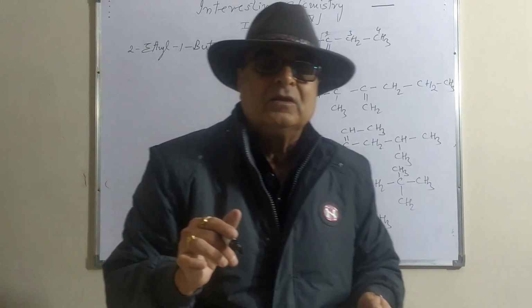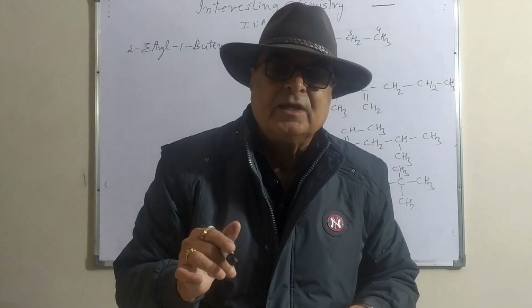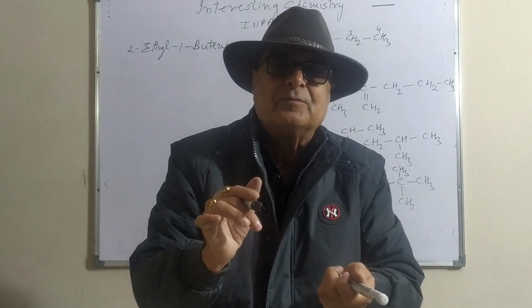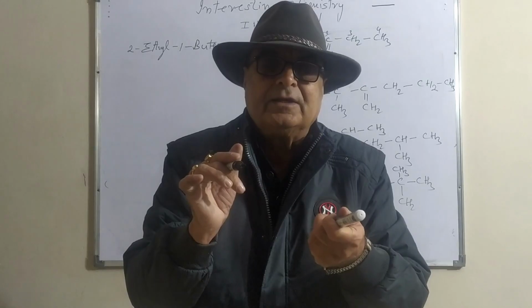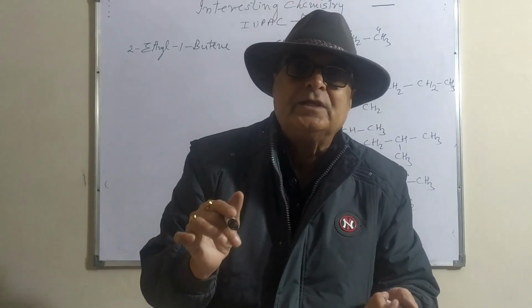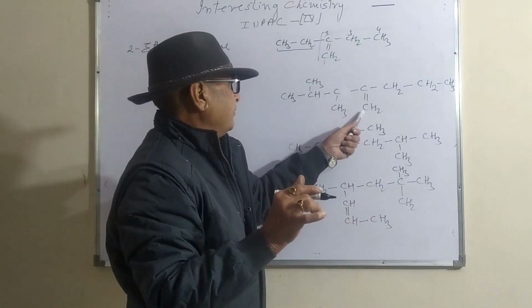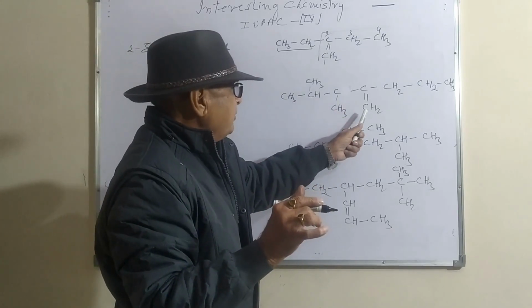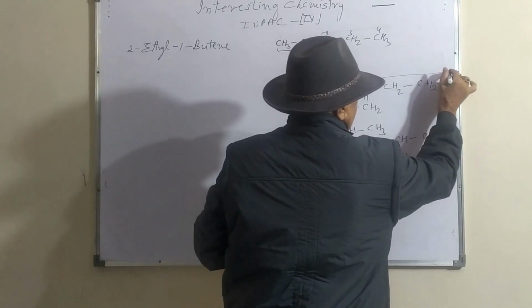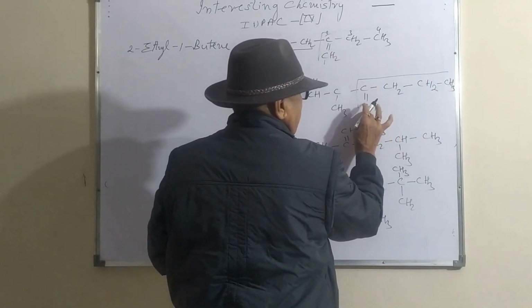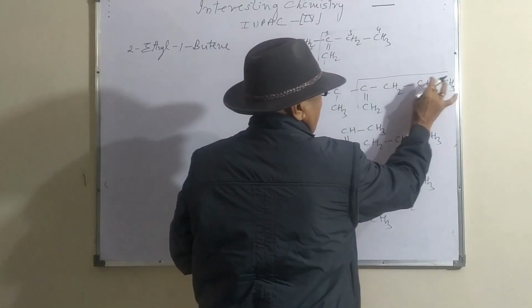There are two longest chains having the same number of carbon atoms, including the double bond. When we include the double bond in this chain, there are 5 carbons. 1, 2, 3, 4, 5.